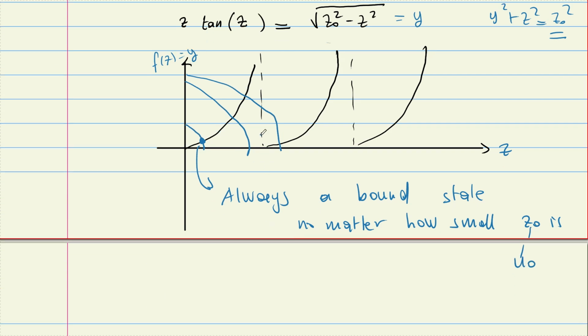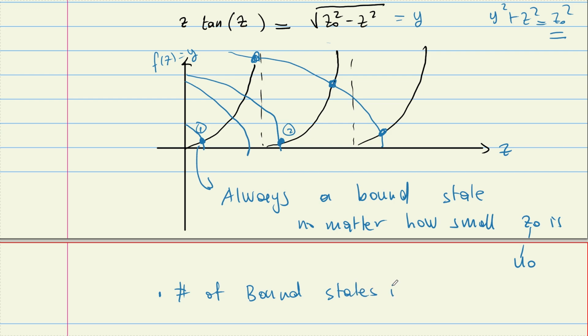And as you increase z naught, every time it crosses another one of these, for example, there is one more solution, right? Solution number 1, solution number 2. If I increase to a really big radius like this, I have solution number 1, solution number 2, and solution number 3. And the number of bound states increases with z naught. Is that clear?